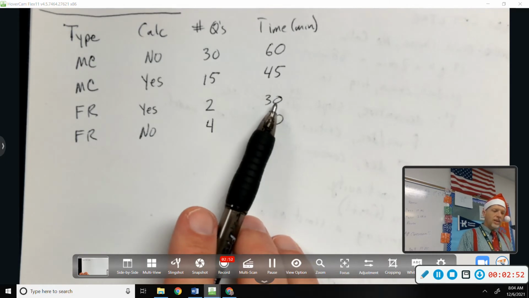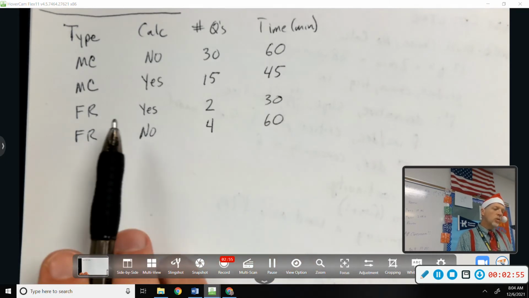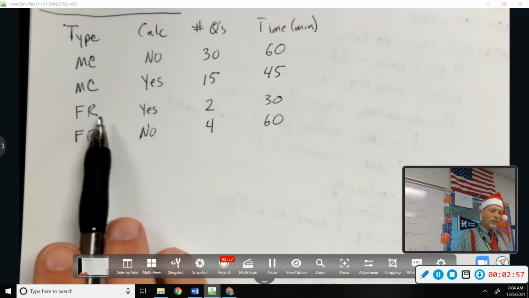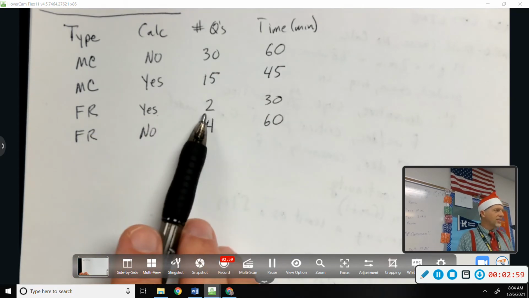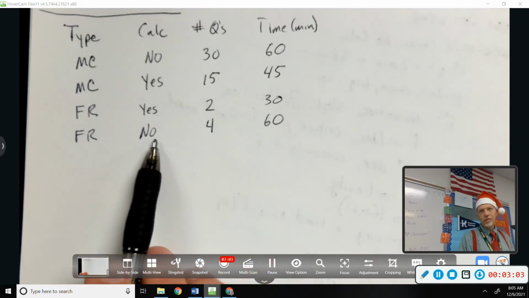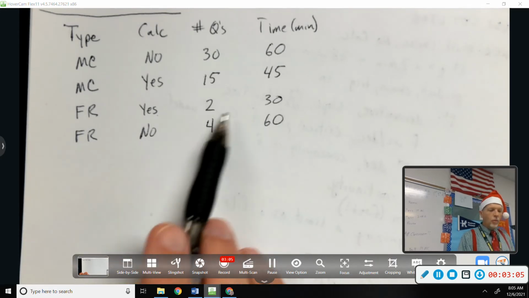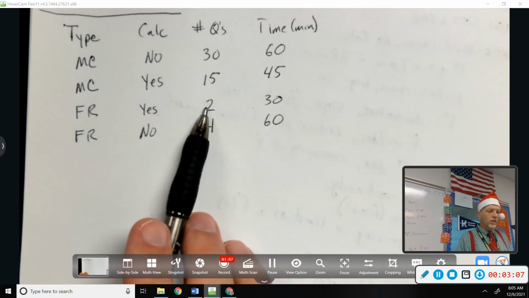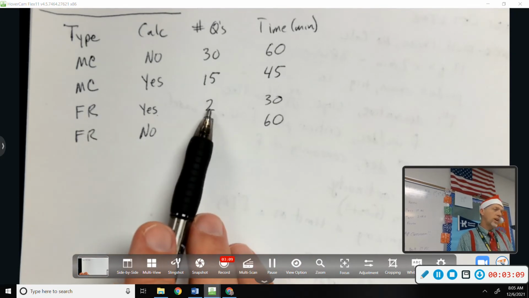But after 30 minutes, you can still work on the calculator questions. But you should be working on the no calculator questions at that time. But once the 30 minutes is up, you can go back and look at those 2 questions. You just don't have your calculator.